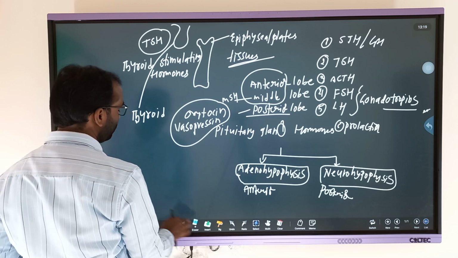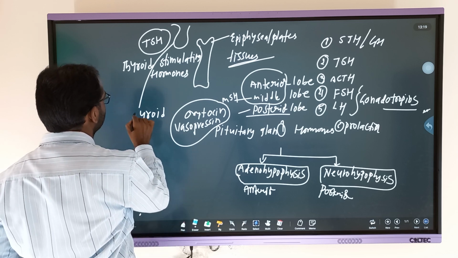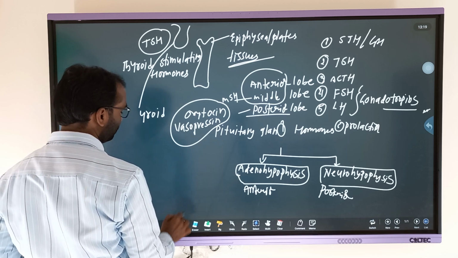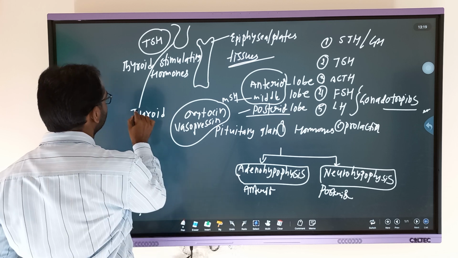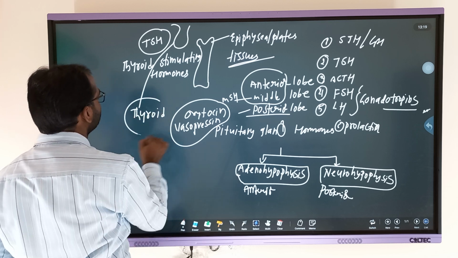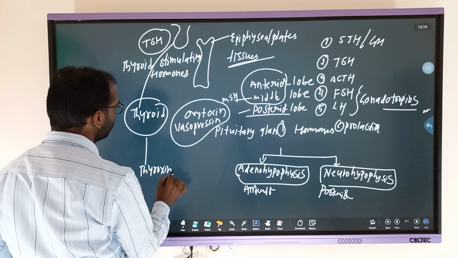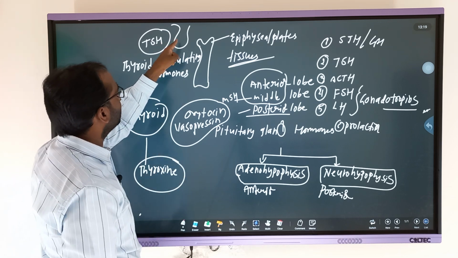Am I clear? So the thyroid gland releases what? Thyroxine. The sequence, if you check it out: initially the pituitary releases what?